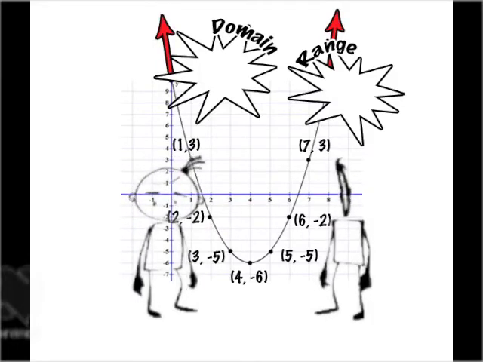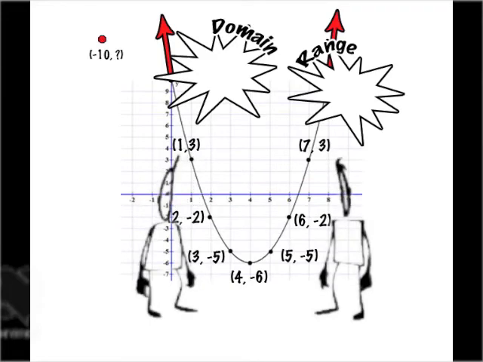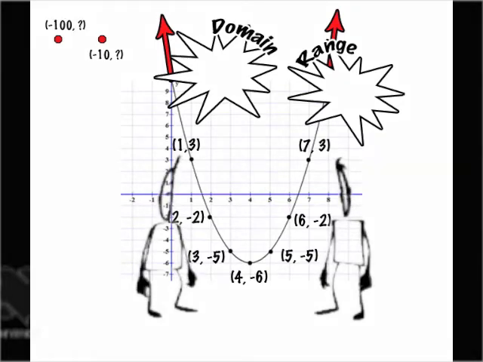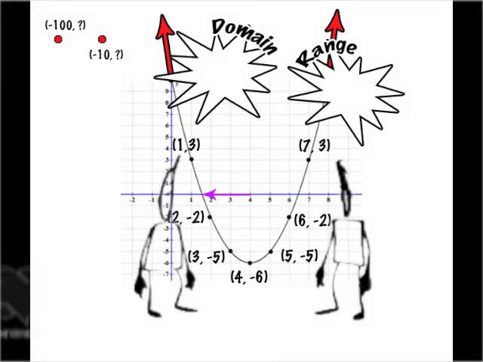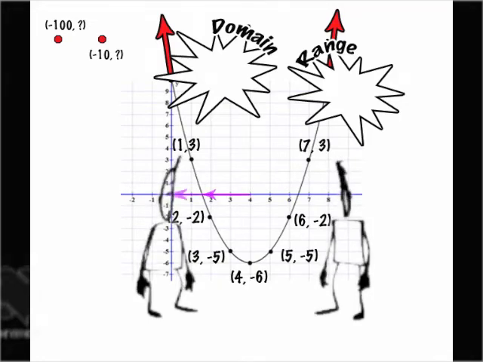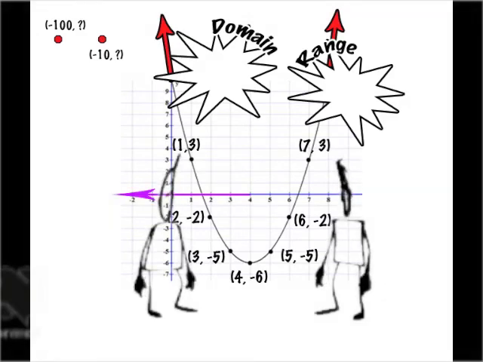That means there must be a point at the coordinate -10, something. There must be a point at -100, something. There are also x-coordinates at -1000 and -1,000,000. In fact, this parabola, if extended on forever to the left, would be bound only by infinity.